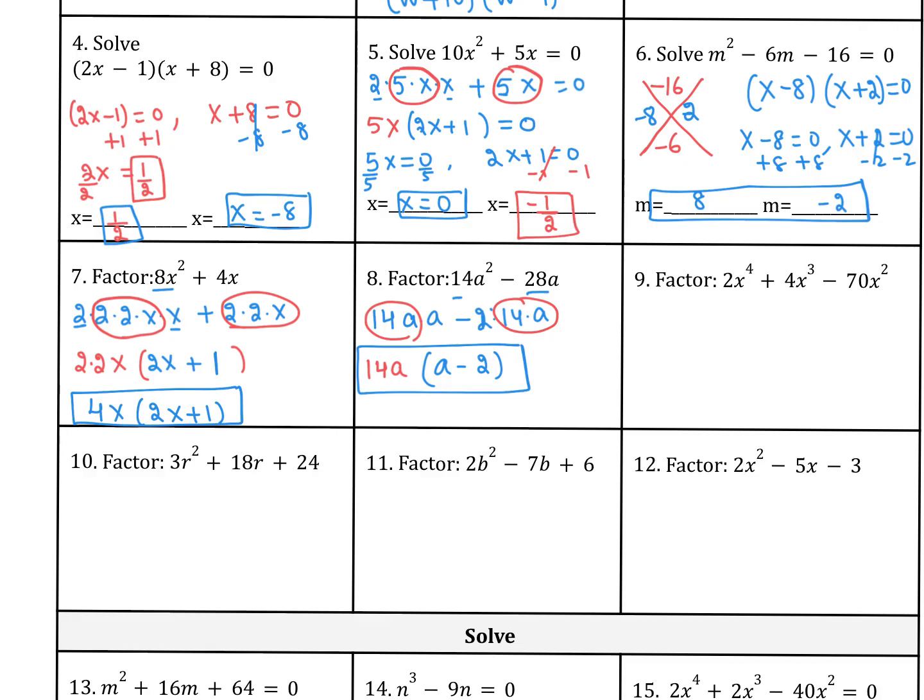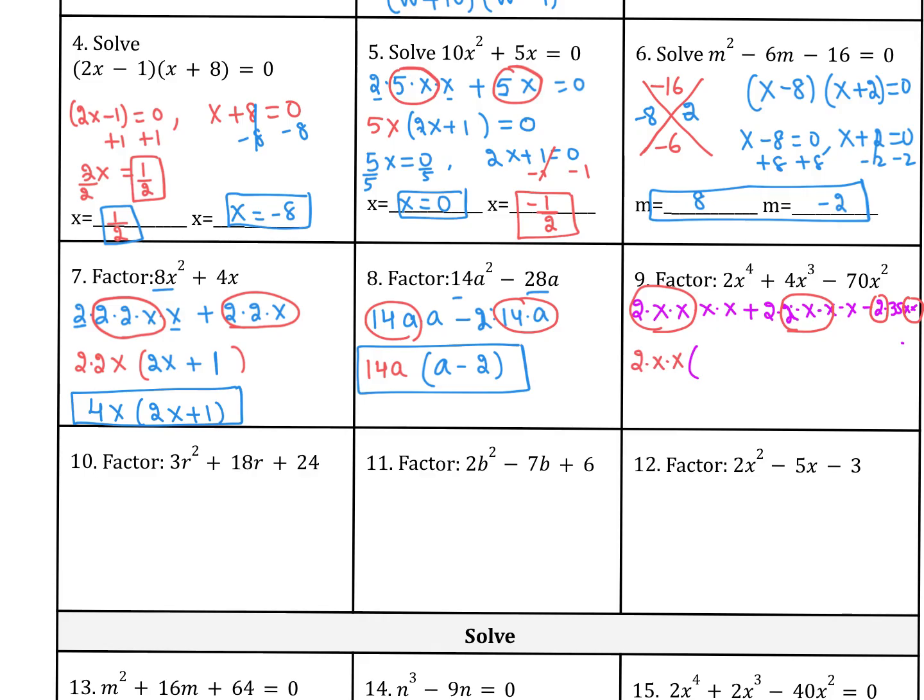So for number 9, you're going to again factor this. So change that into 2 times x times x times x plus 2 times x times x times x minus 2 times 35 times x times x. So what is common here is 2x times x, and then 2 times x times x. So 2 times x times x is common.